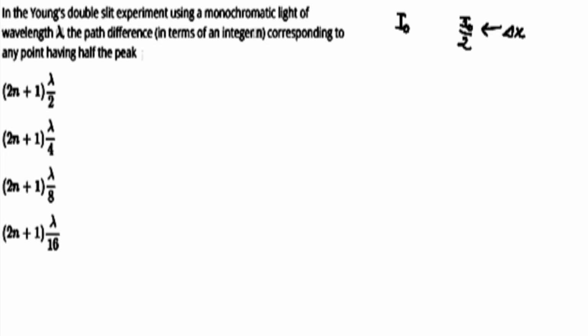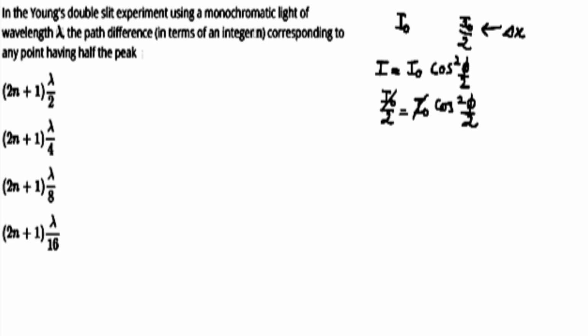Firstly we will use the formula of intensity at any point. Intensity at any point is I equal to I naught cos square phi by 2. They have given the intensity at that point is half the peak value, so I equal to I naught by 2 is equal to I naught cos square phi by 2.